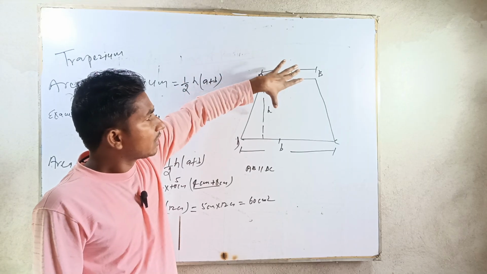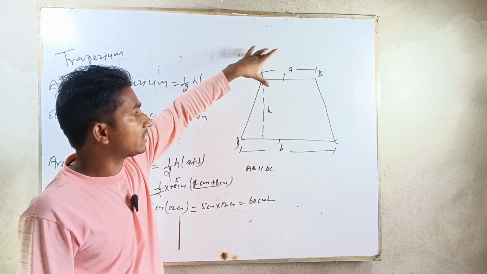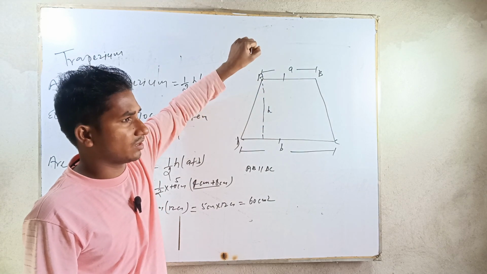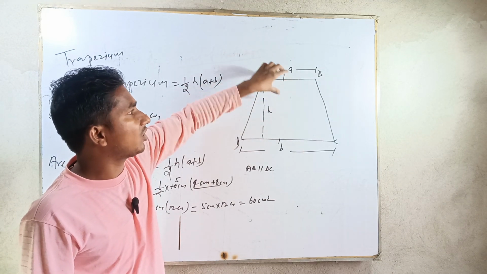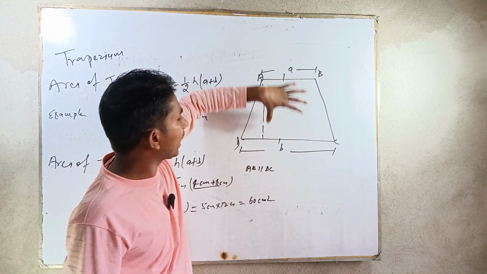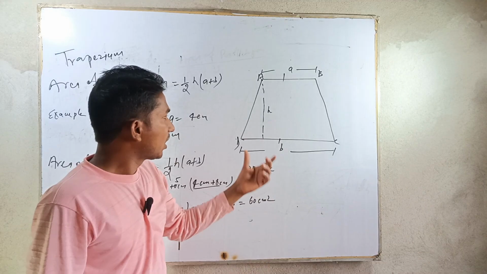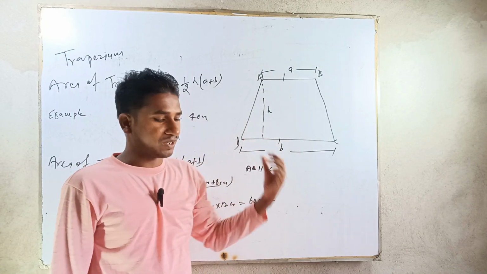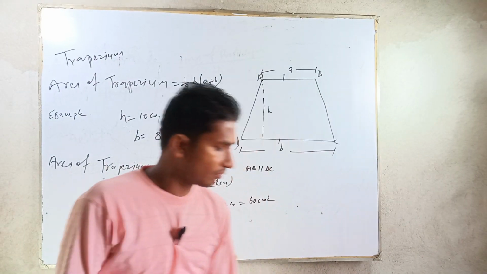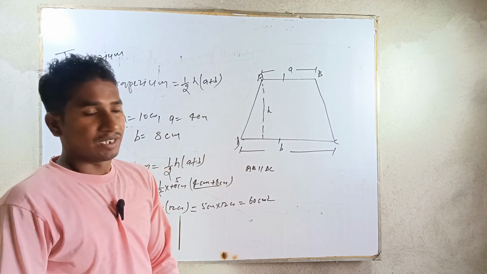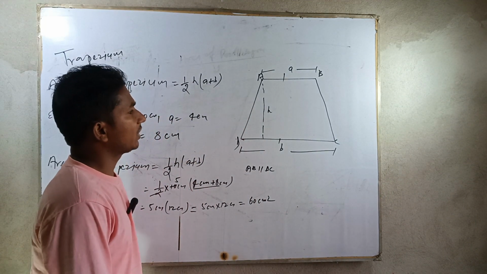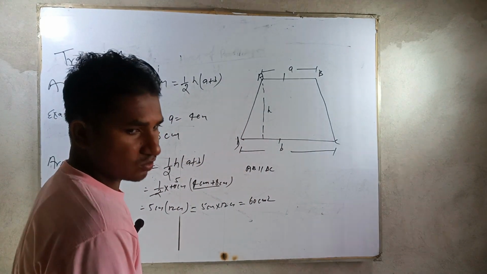If in a quadrilateral two sides are parallel to each other, that is called a trapezium. Suppose this one and this one are parallel to each other, that is called a trapezium. Next, another figure, I just want to discuss.